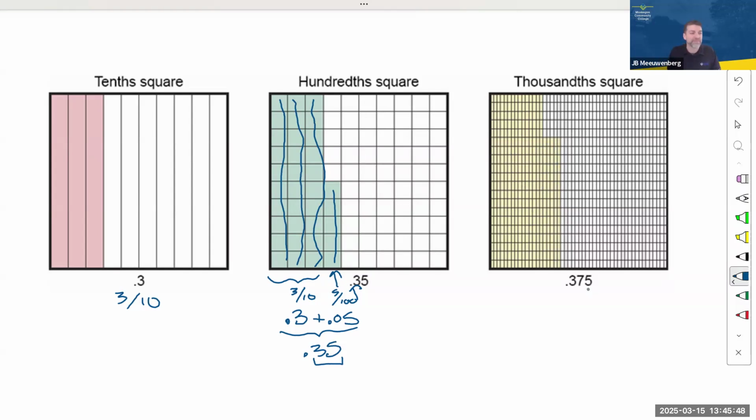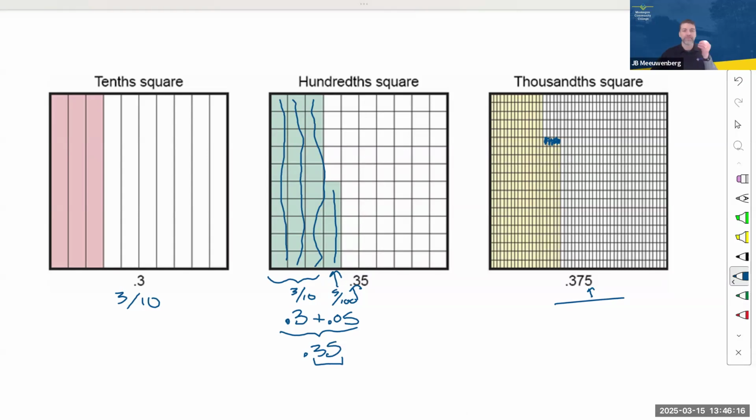Those five, or I said hundredths, but those 5 thousandths, we would see those right here. One, two, three, four, five, there. And so that's the idea of what these decimal squares are used for, modeling decimals.